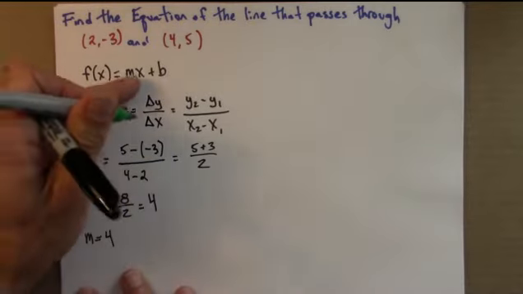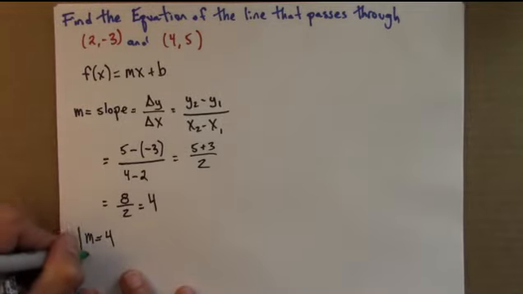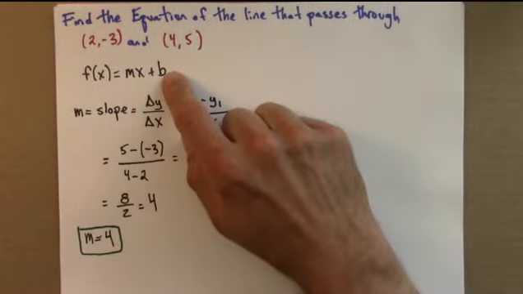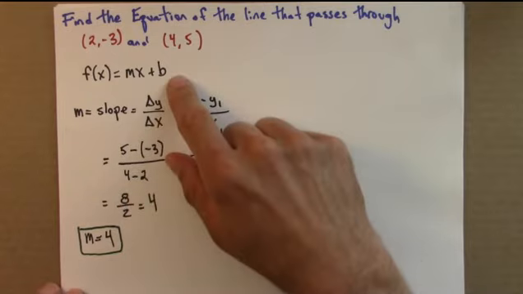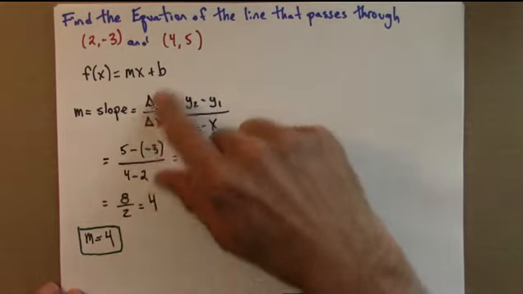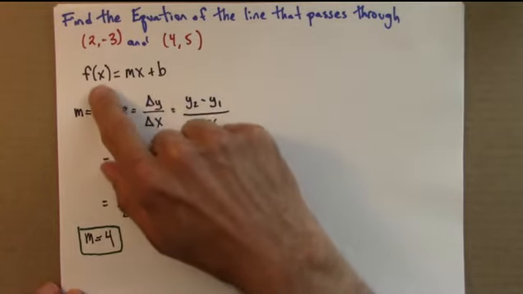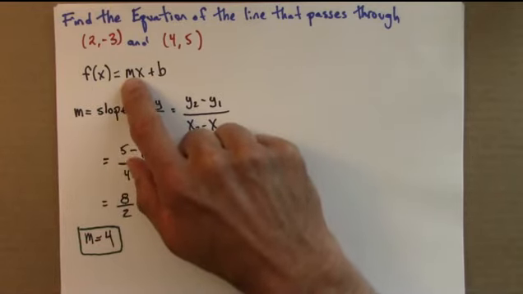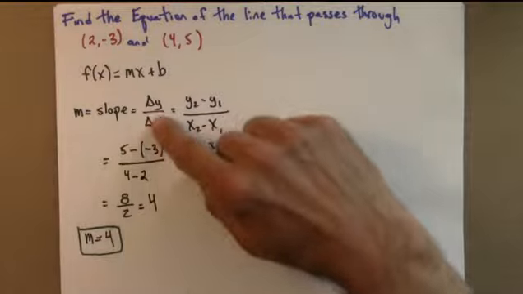We need to figure out m and b to figure out the equation. And we've gotten m. Pretty good. So what can we do to get b? Well, we have a lot of different choices, but the way I like to solve this is to first write out this formula, plugging in the value of m we just had.